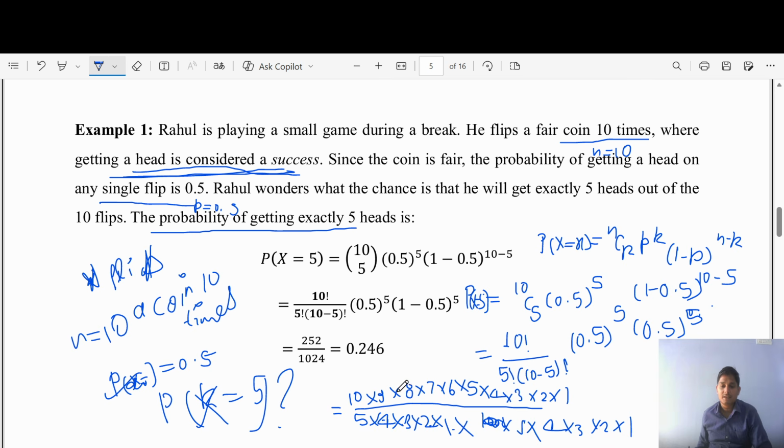And 10 factorial means 10, 9, 8, 7, 6, 5, 4, 3, 2, 1. So we cancel out the 5, 4, 3, 2, 1 terms. We can also solve these with a calculator: 0.5 to the power 5 and 0.5 to the power 5. If you solve this, we get the answer 0.246. I think this problem is clear to you.